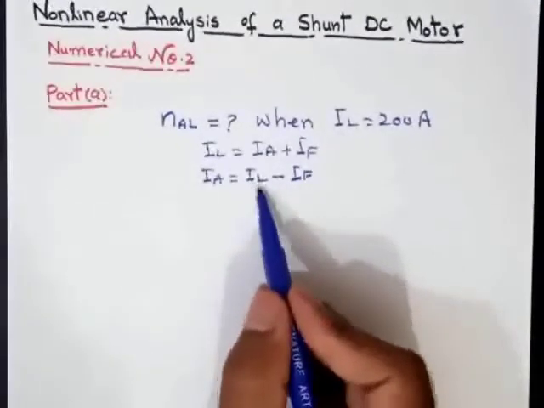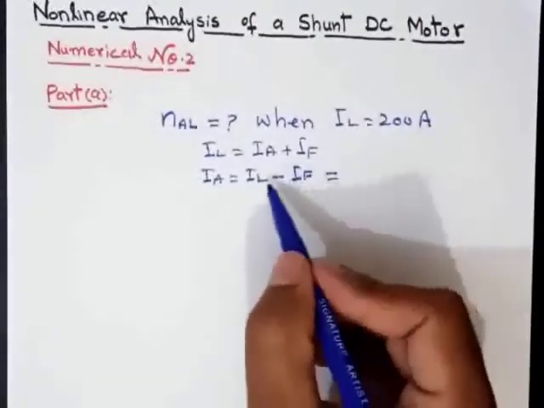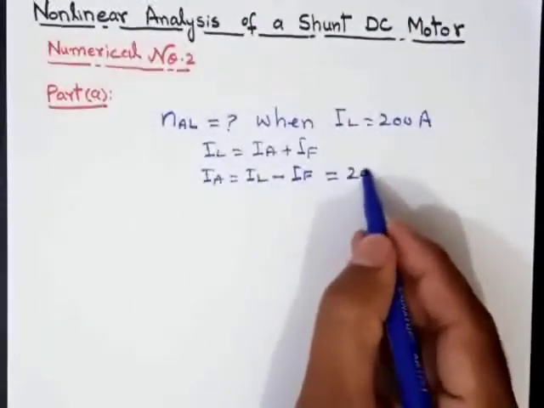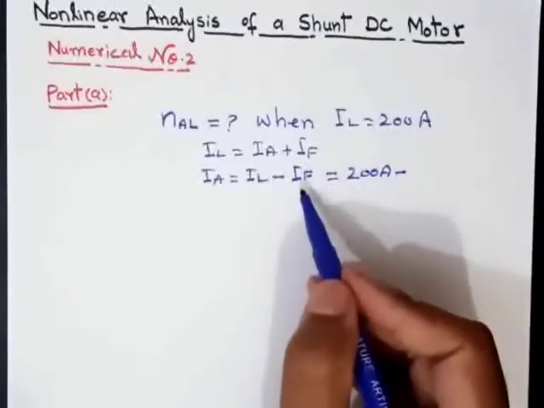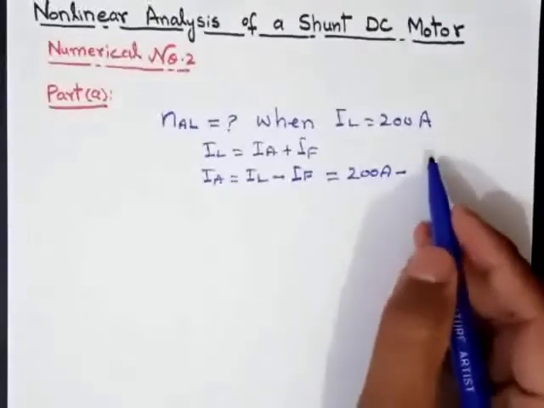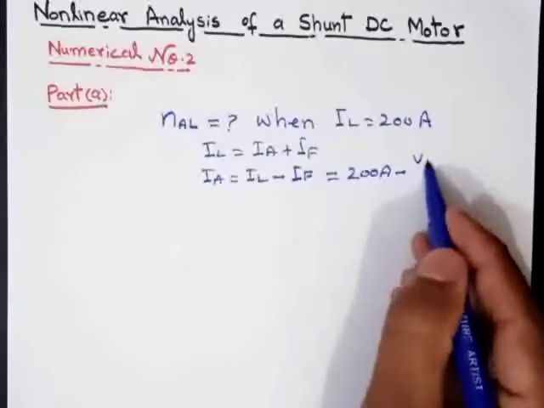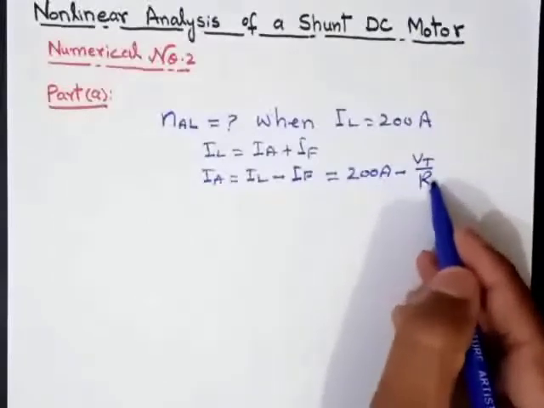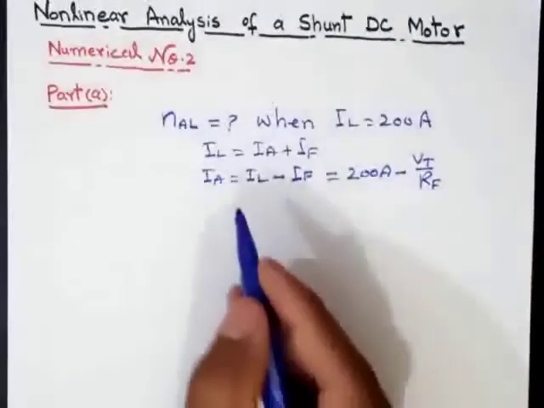Putting the values in this equation, IL is 200 ampere minus, as we know, in case of a shunt DC motor, IF is equal to VT over RF, where RF means R adjustable plus RF.